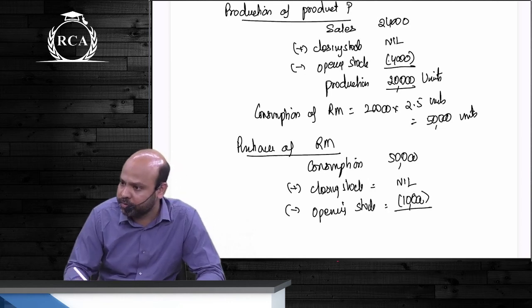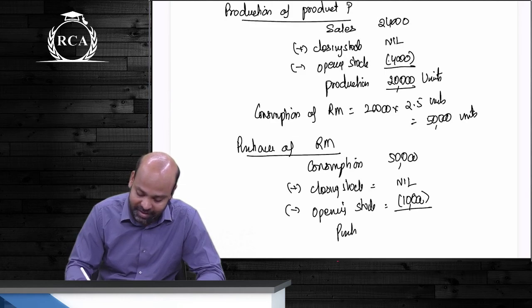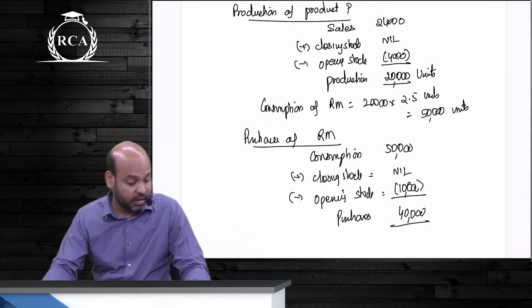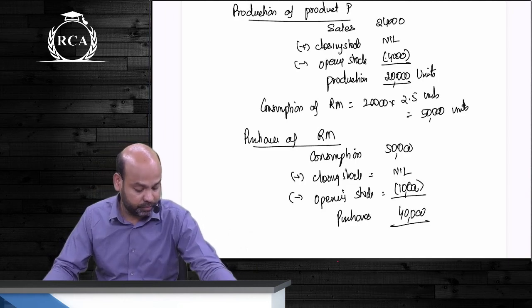So what will be the purchases? Have you written all this? Purchases, guys, are going to be 40,000. This is the first paragraph.